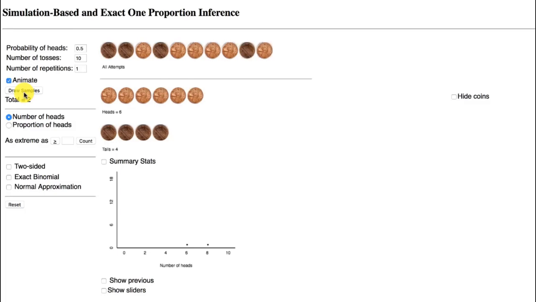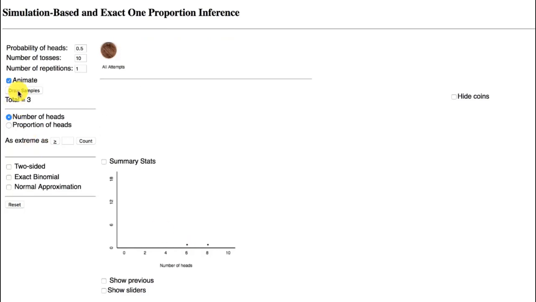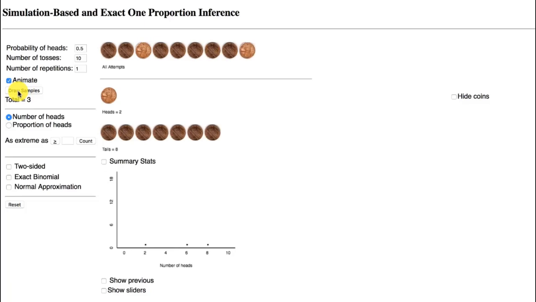And now we've got 6 heads and 4 tails. Again, the inference on that set is drawn as a 6, which is also inaccurate because of the small amount of flips. But if we keep going, and I'll just keep flipping sets of 10, it looks pretty chaotic. Now we've got 2 heads and 8 tails, so it's drawn a 2 down here.